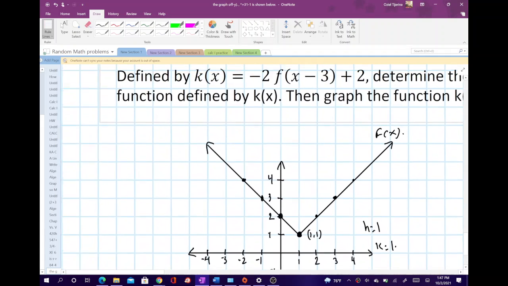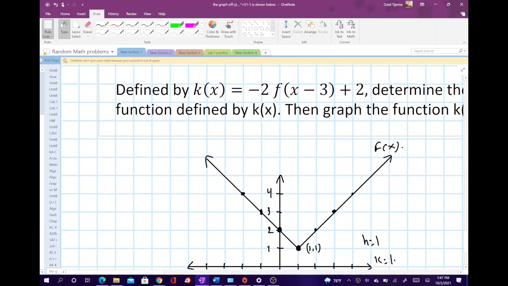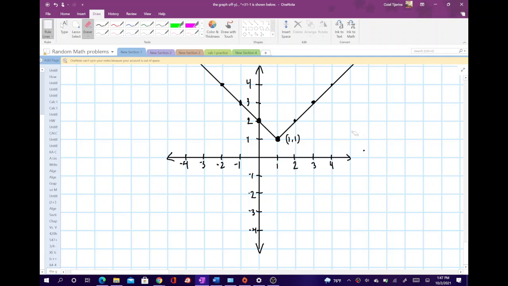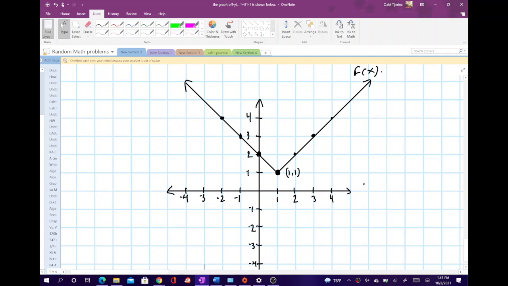So first of all, I'm going to show you exactly how to find this function here, because this is the function that they give us. Usually with absolute value, if you haven't seen my videos about absolute value, you can always check those out.